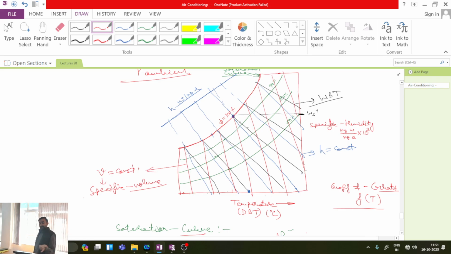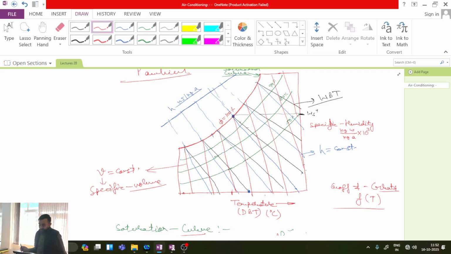So after representing the thermodynamic state on this chart using three parameters that are easy to measure experimentally, one is the dry bulb temperature, which you can locate from this, pressure is already there, and the other is the wet bulb temperature, you can calculate enthalpy, specific volume, and specific humidity. So all other related parameters required for analysis can be easily calculated. Is this point clear or not?